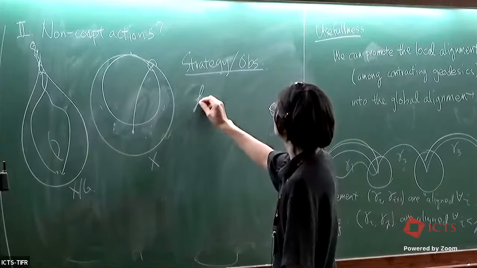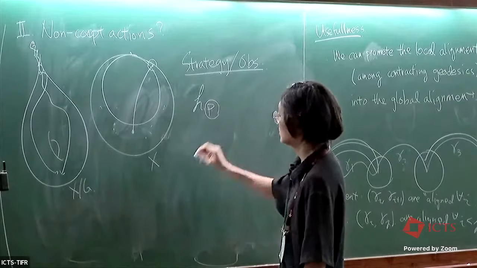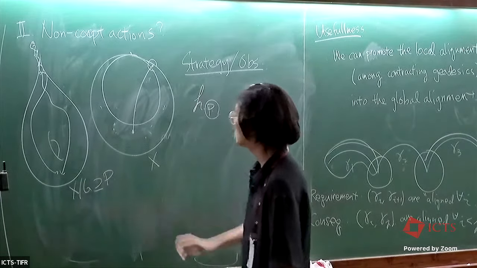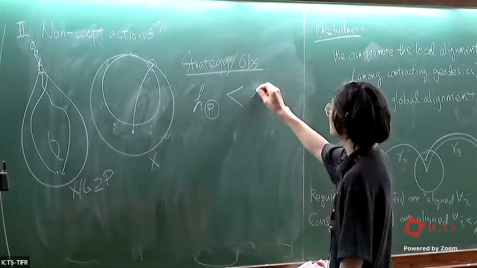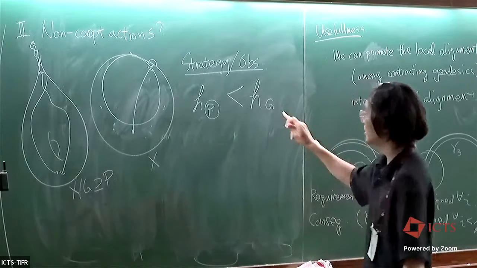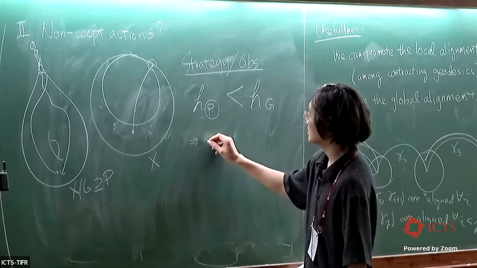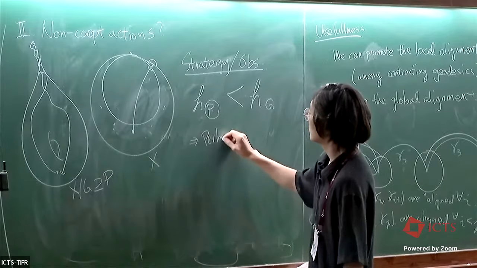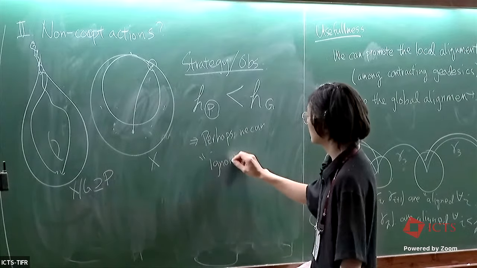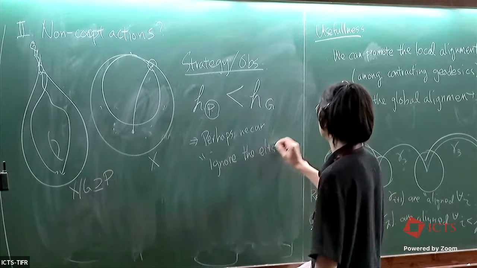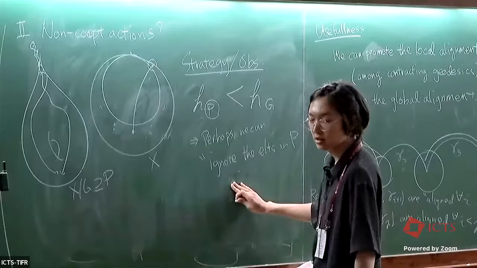So there is a notion of the critical exponent for the parabolic subgroup. G has a parabolic subgroup P, and if its critical exponent is strictly smaller than that of the entire ambient group, perhaps we can ignore the elements in P as if there were none.